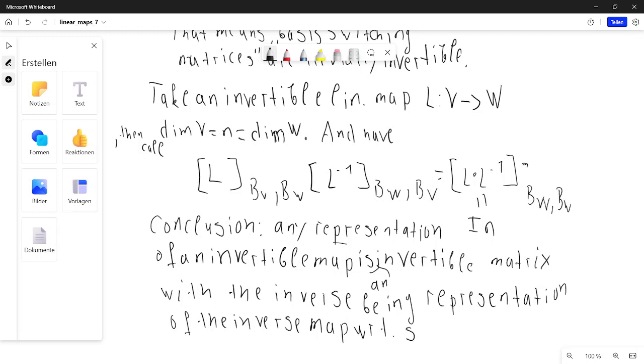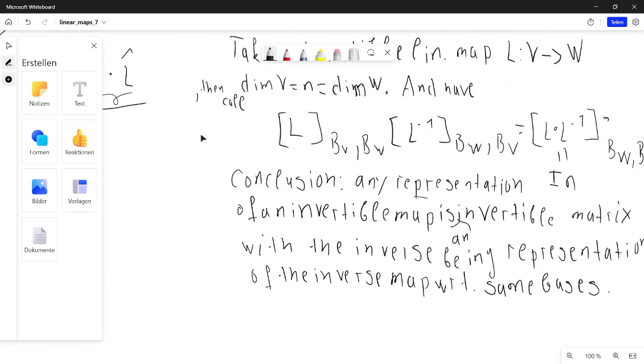But of course, we have to pay attention from what space we go and which basis is now here and which here. Same basis. Right. And these are our considerations.